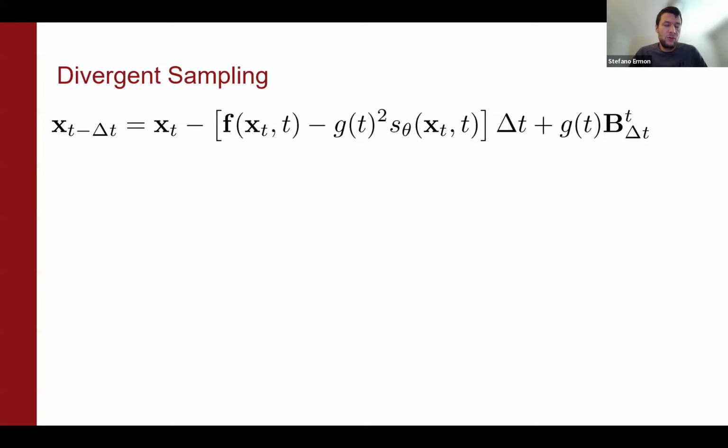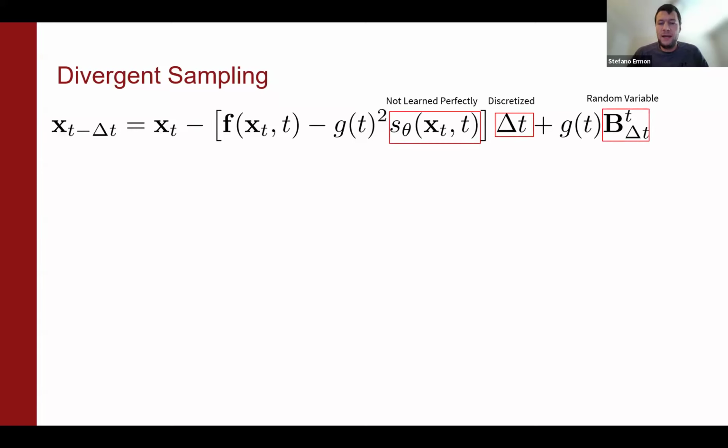Whenever you're trying to solve this reverse time stochastic differential equation, you're replacing the true score with an estimate, and you're also discretizing the time dimension because we cannot work with continuous time. And both of these things introduce errors.